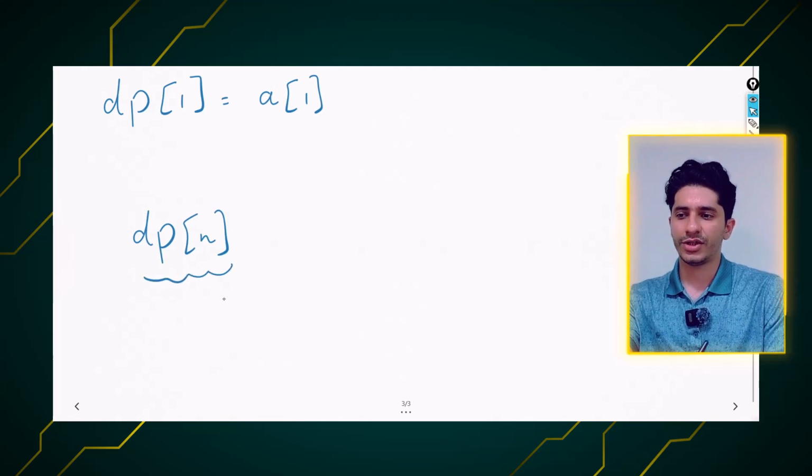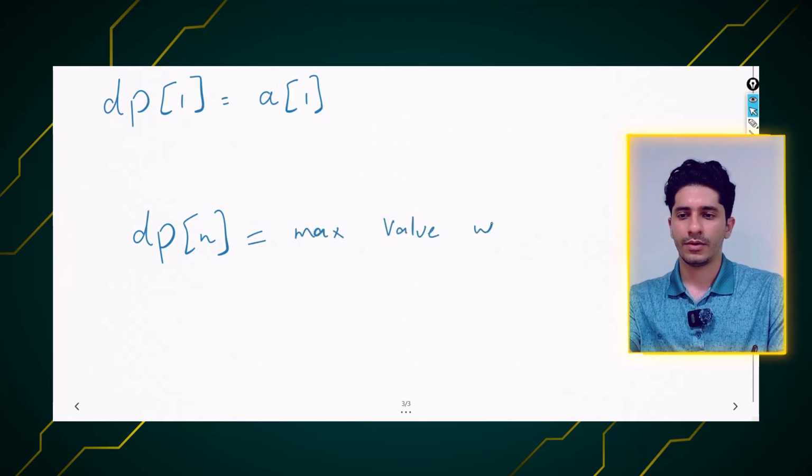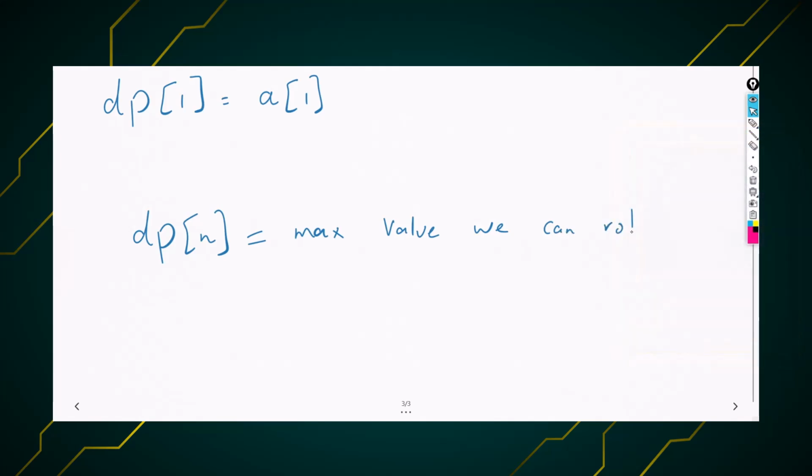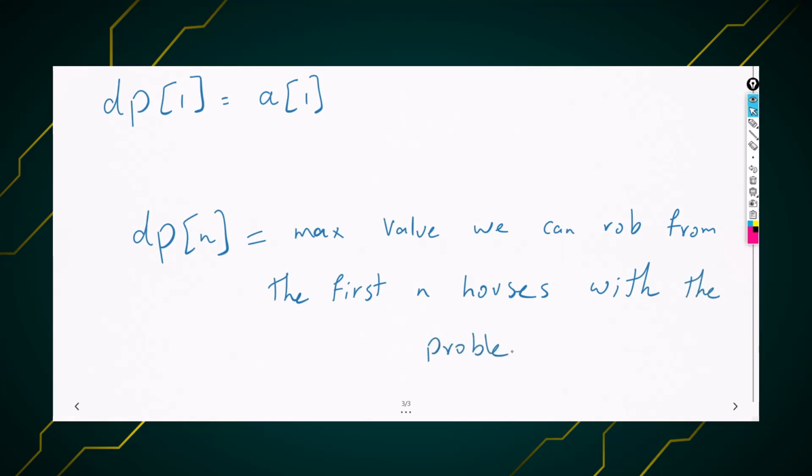Let's review the definition of dp of n. dp of n says what is the maximum value we can rob from the first n houses with the problem's constraint. And remember that the problem's constraint was that we can't rob from two adjacent houses.